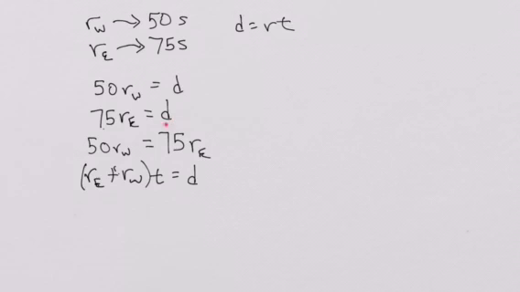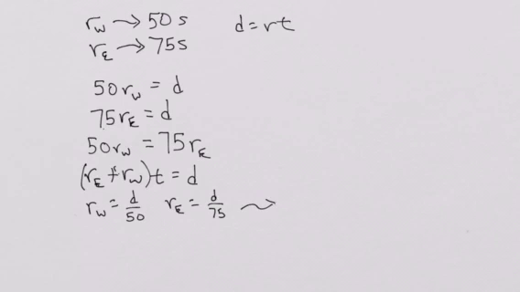I could do this in different ways, but the way I'm going to do it is I can solve the first equation for R sub W by dividing by 50, and I can solve the other equation by dividing by 75 to get R sub E. I'm going to get R sub W equals D over 50, and R sub E equals D divided by 75.